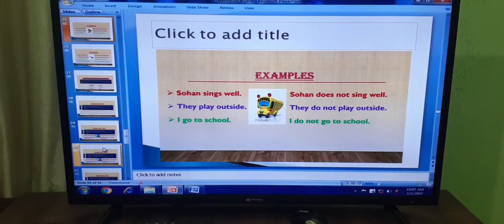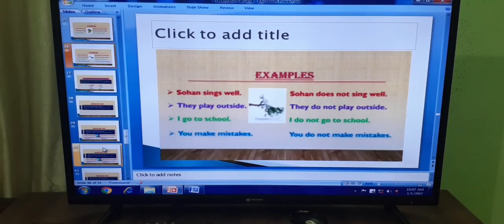I do not go to school. When we change the affirmative sentence to a negative sentence, what will we write here? I do not go to school. The next example, you make mistakes. When we change it into the negative sentence, how will we write? You do not make mistakes.